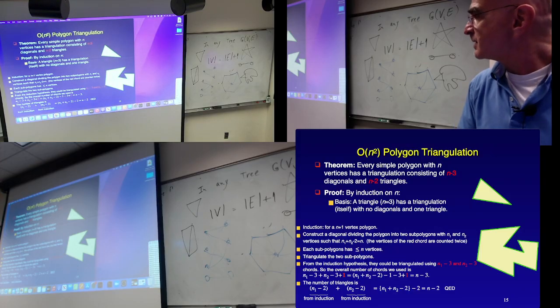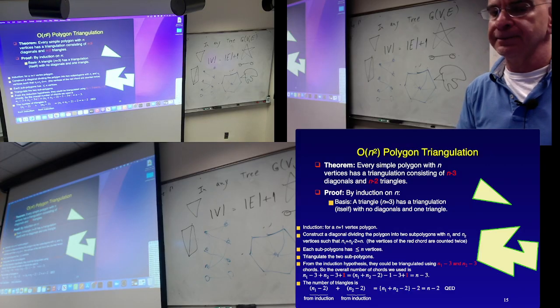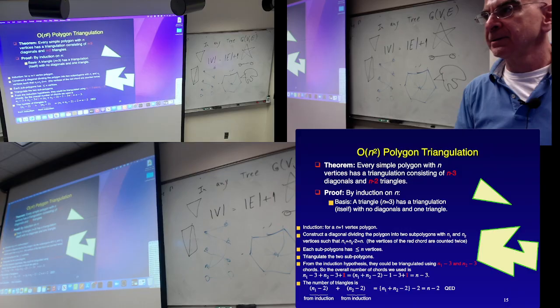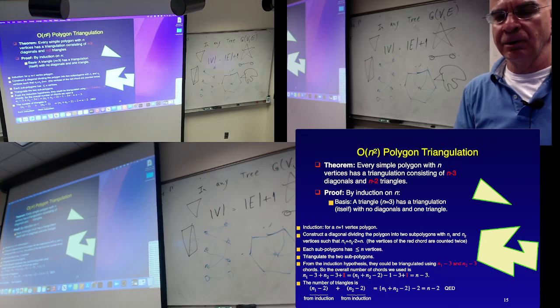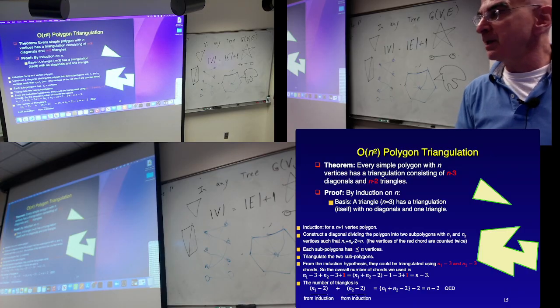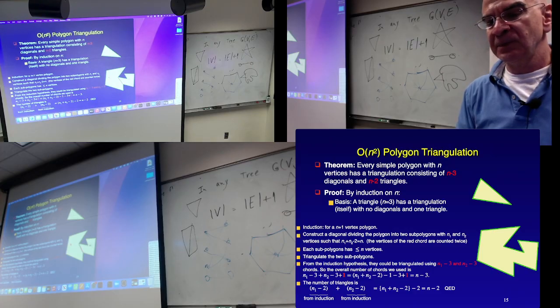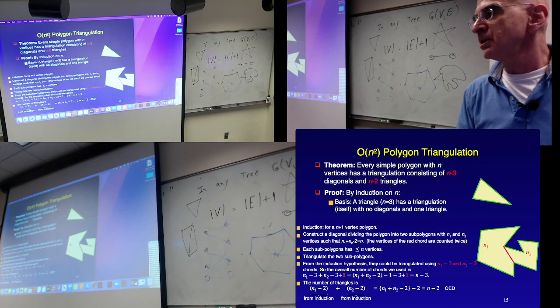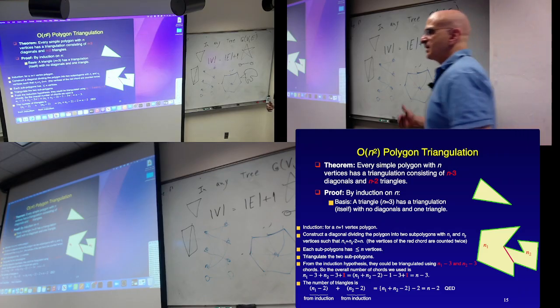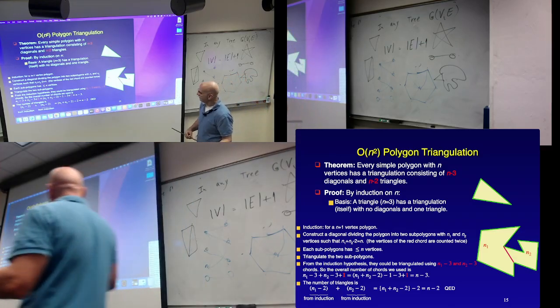Here is the first time that I see a polygon with exactly n plus 1 vertices. What does the previous theorem tell us? It says there is some diagonal. If I want to prove it by induction, I want to divide it into smaller polygons. Actually, there are lots of diagonals, but there is one diagonal that I can find. Its existence is guaranteed by the previous theorem.